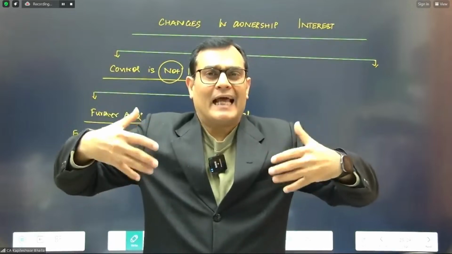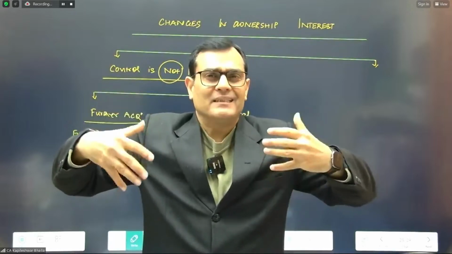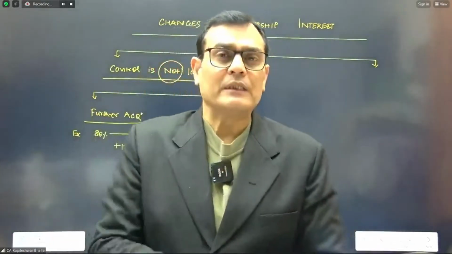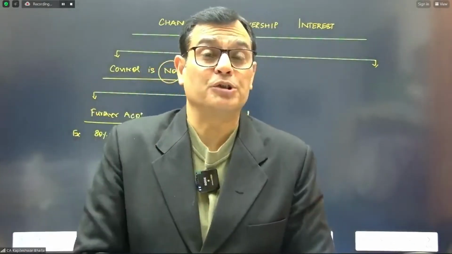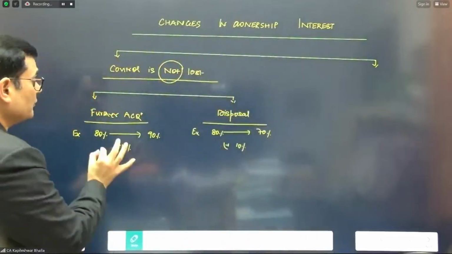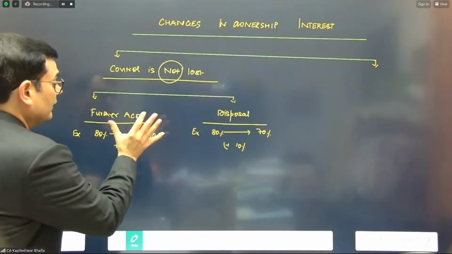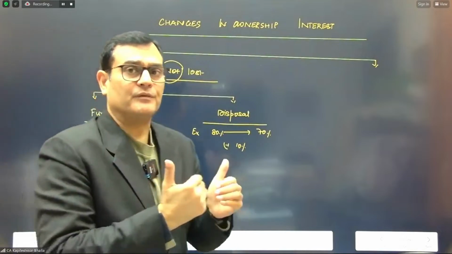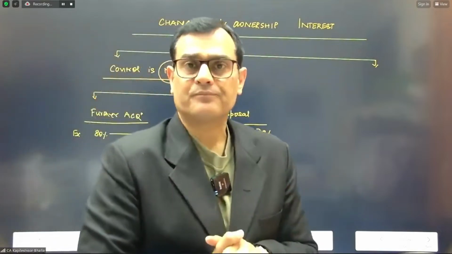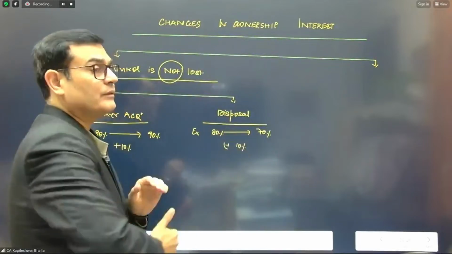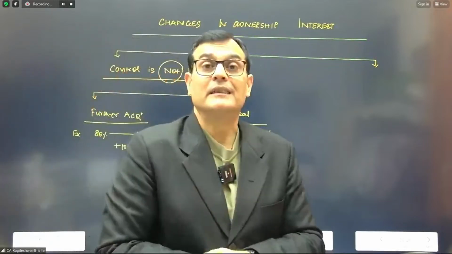The majority and the minority, the parent and the NCI, are dealing with each other. So in this case, the goodwill cannot undergo a change. Earlier the NCI was 20 and now the NCI is 10, so the transaction is happening between the parent and the NCI. Or 20% was the NCI and now it is 30, so the parent is dealing with the NCI.